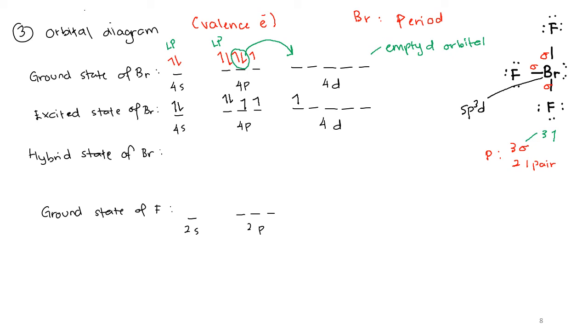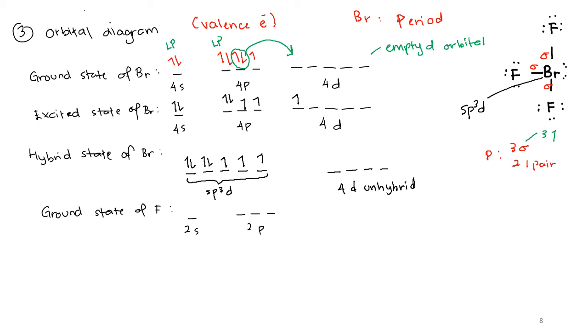So here 1, 2, 3, 4, 5, sp3d. Lone pair, sigma, sigma, sigma. And the rest, these 4d orbitals will stay unhybridized. Okay, just write this one.